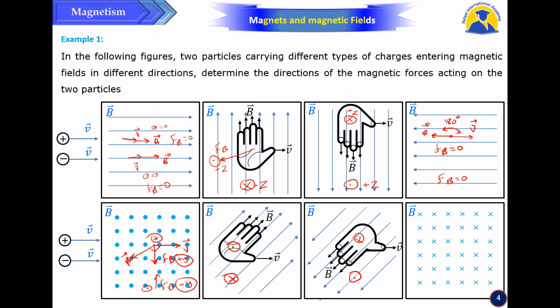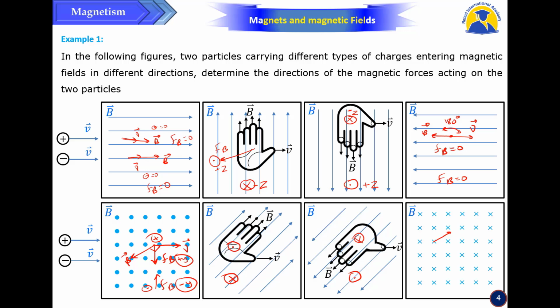Okay, last case, the direction of the magnetic field is inside. So we put our four fingers inside the page, and the direction of the thumb will be to the right. Then the direction of force will be the positive Y axis.